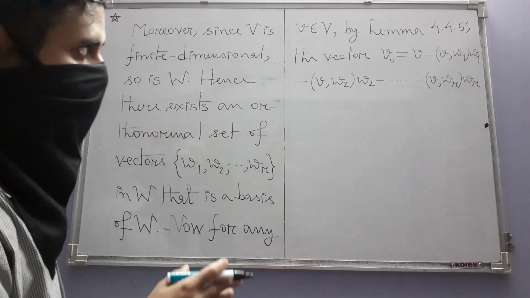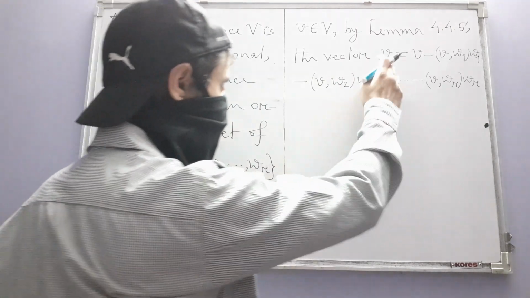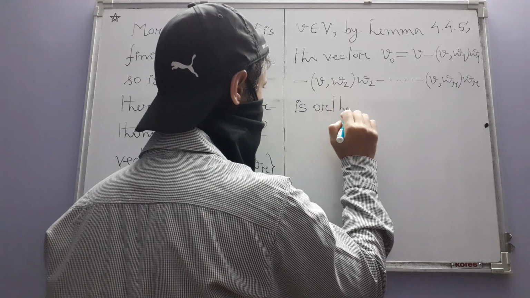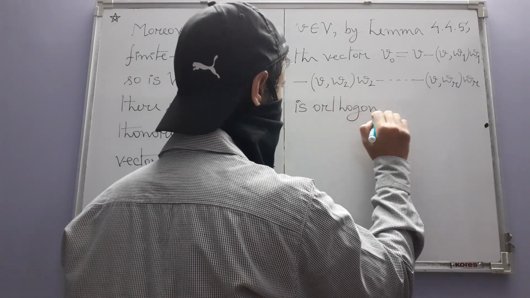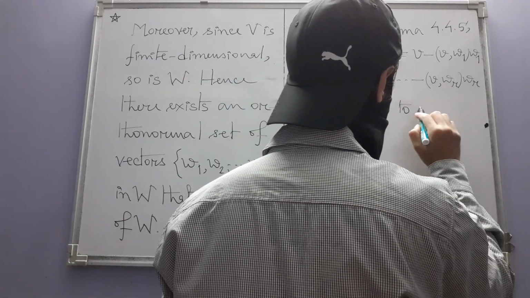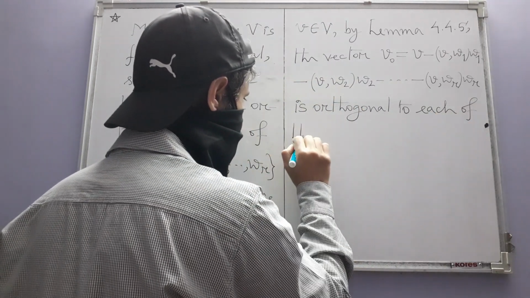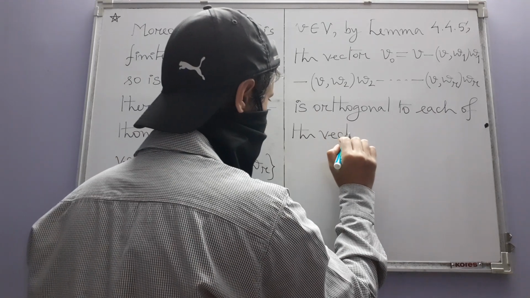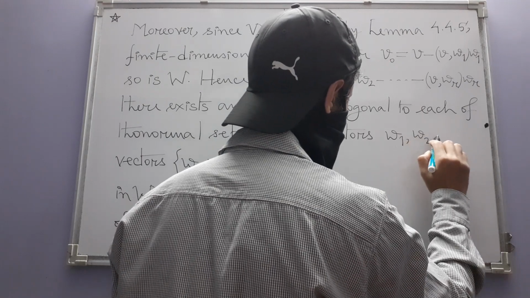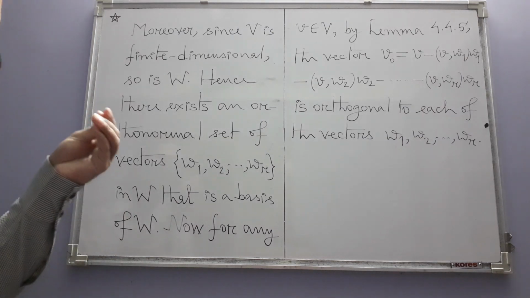We have already seen in this lemma that regardless of what V is, this vector V naught is orthogonal to each of these vectors, that means each of the basis vectors of W. This we have already seen in lemma 445.